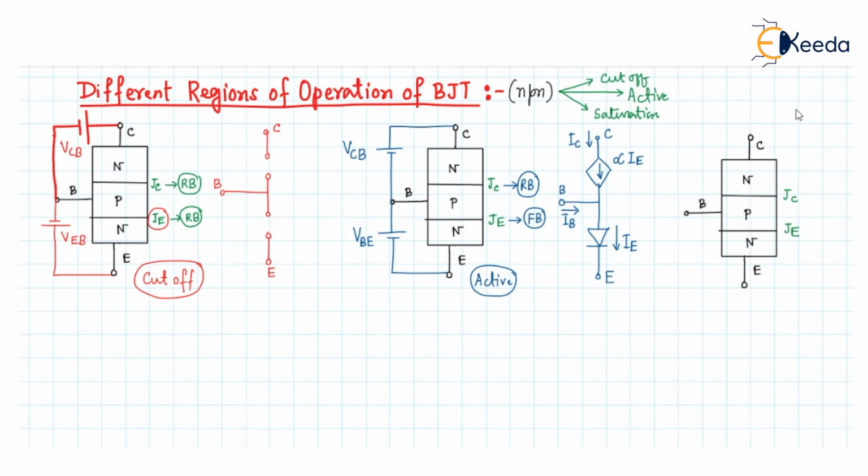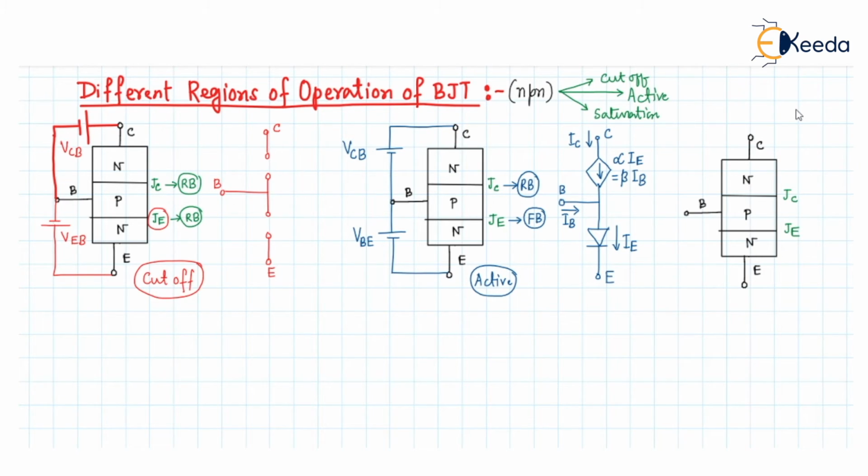This alpha times IE current source can also be represented by beta times IE. So this is the representation of the NPN bipolar junction transistor when it works in the active region.